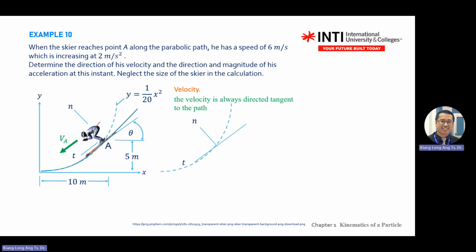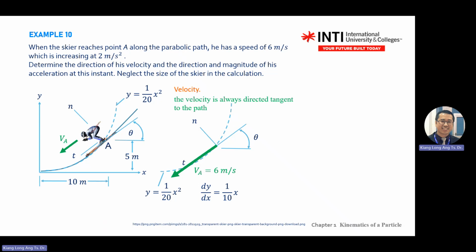Your diagram should look something like that: there's a curve, N, T, then there's a V, then write VA or VT equal to 6. Then there's an angle. Later I'll explain why you need the angle, because you need to tell the direction.